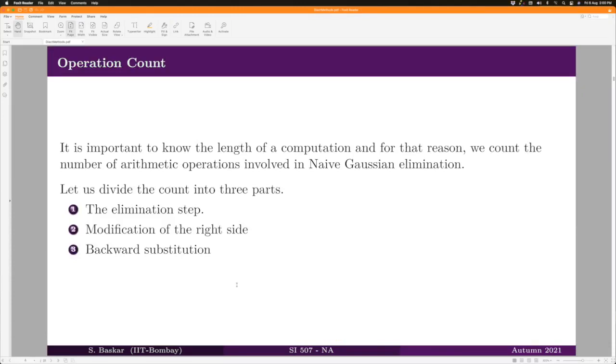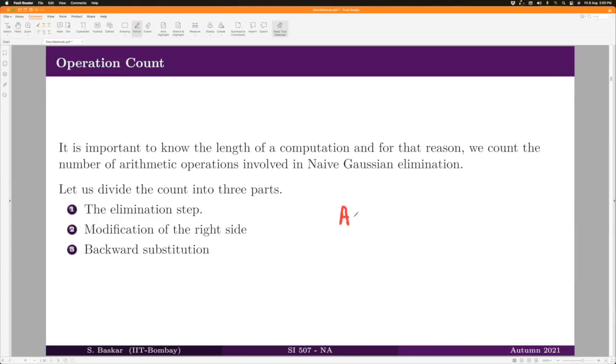The first one is the elimination step, where the matrix A is reduced to an upper triangular matrix. And when we do that, correspondingly, the right-hand side vector B is transformed to another vector, which we denote by B tilde, and that is the modification of the right-hand side. We'll consider it as the second part of the method.